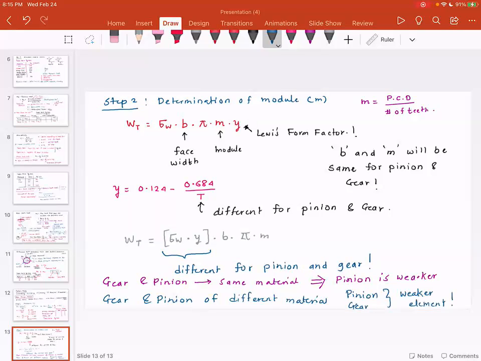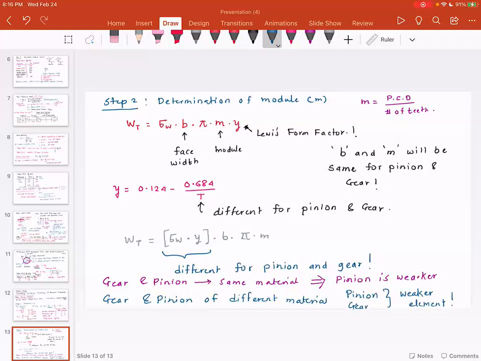And we have to design the weaker element. For example, if you have a pinion made of cast iron and a gear made of steel, they have different strengths. So sigma W for gear and pinion are going to be different, and the value of y for pinion and gear is going to be different.